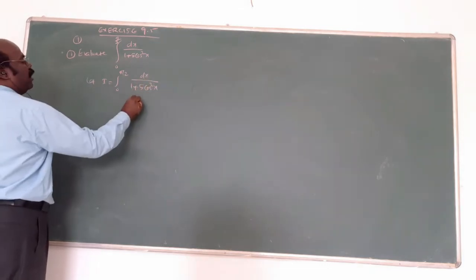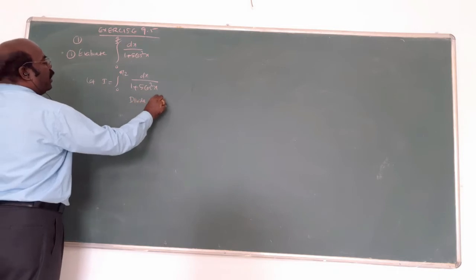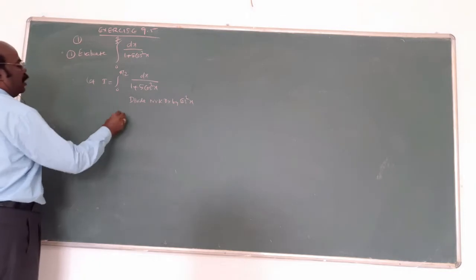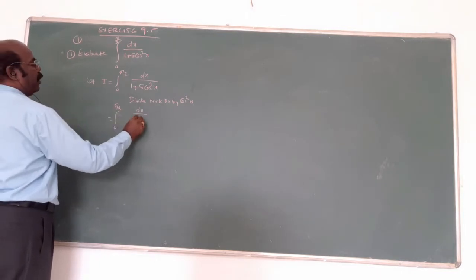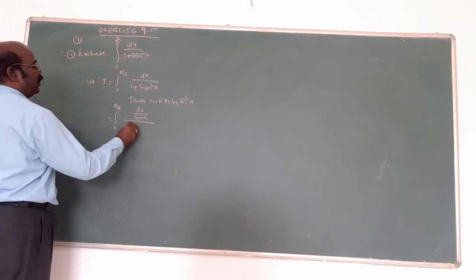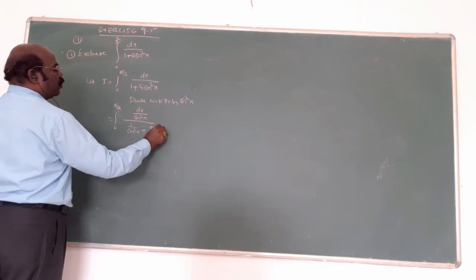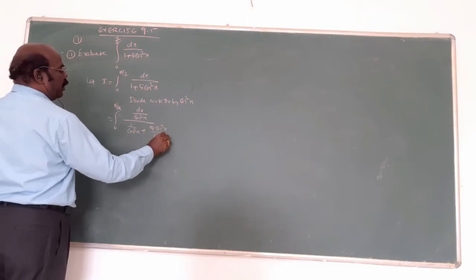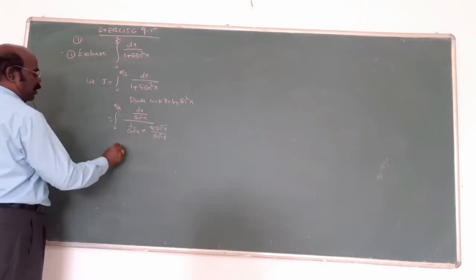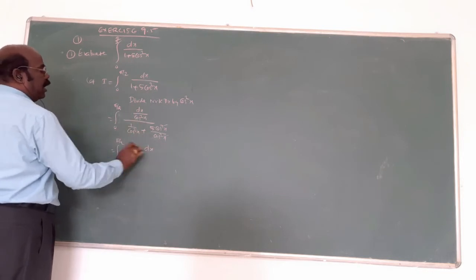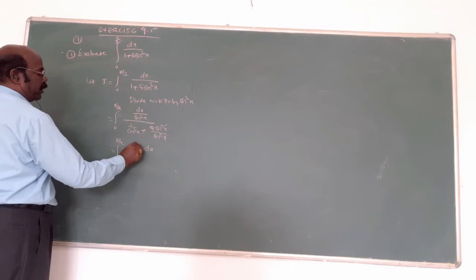Here also divide numerator and denominator by cos square x. 0 to pi by 2, dx by cos square x. Here 1 by cos square x, times cos square x by cos square x. Am I right? This will be cancelled. 0 to pi by 2, dx. The denominator cos square is here secant square x.